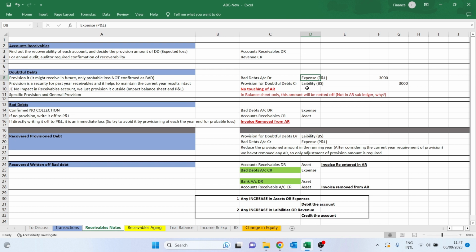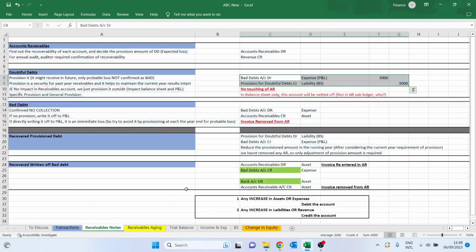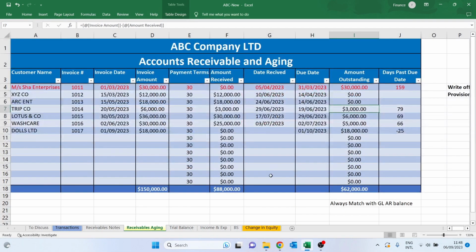There are specific provisions and general provisions. This is a specific provision because we know the amount that is suspicious or doubtful: 3000. But in some other cases, companies may not have enough information about the clients, and we don't know how much will be doubtful.